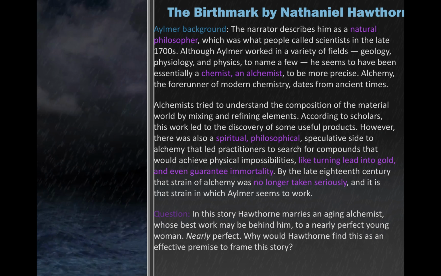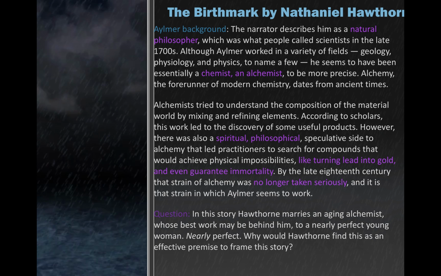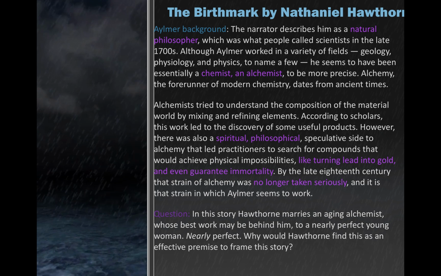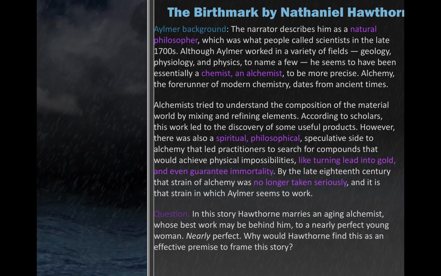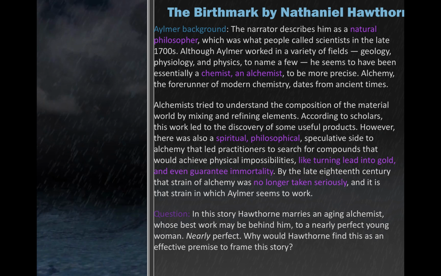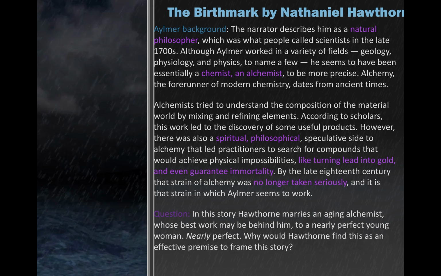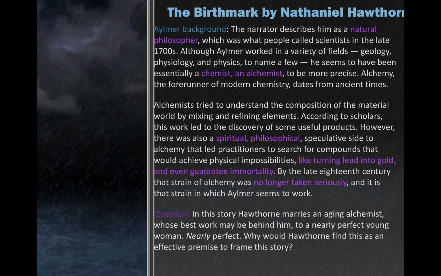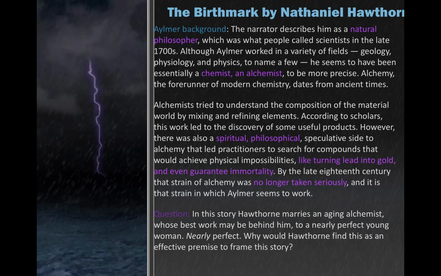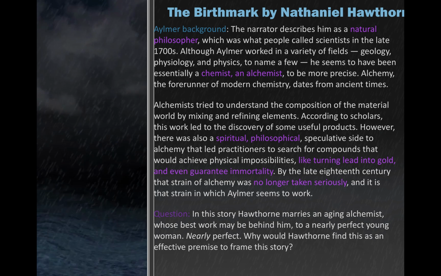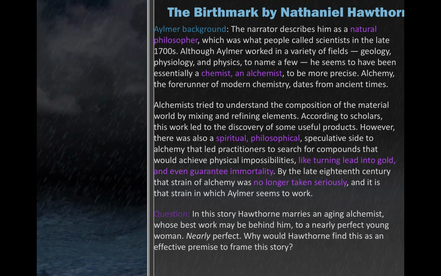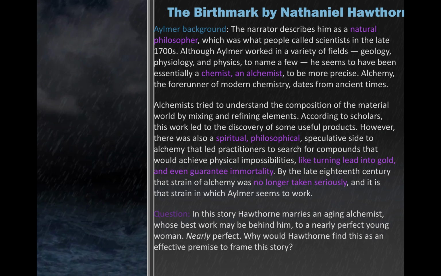So imagine a scientist who wasn't specialized, dabbled in everything, but also was very spiritual and believed almost like a magician in many ways. For instance, one thing that they often did, or that alchemists searched for throughout their history, was a way to turn lead into gold, or to find immortality.